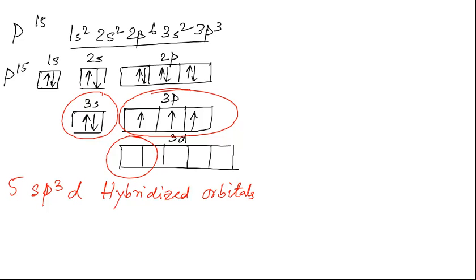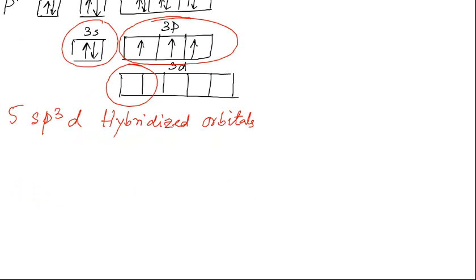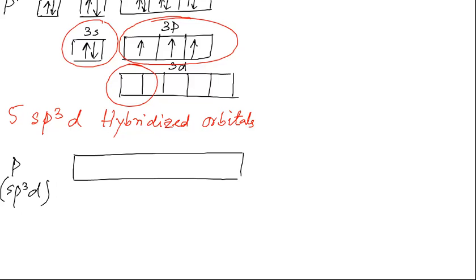If I show only the valence or outermost level, we have such 5 sp3d hybridized orbitals: 1, 2, 3, 4 and 5.